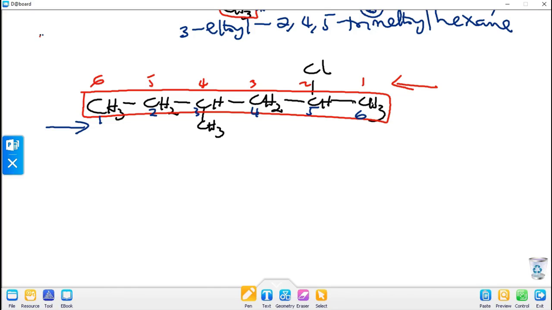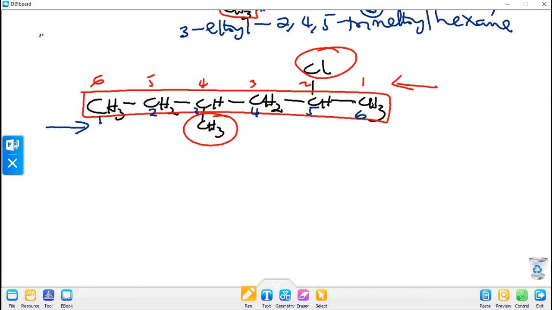The name is 2-chloro. So, it tells us that the numbering scheme started from the right-hand side because chlorine is now giving a preference compared to methyl. Chlorine is giving preference compared to methyl as a functional group. So, it tells us that that honor given to chlorine made the numbering scheme begin from the right-hand side.